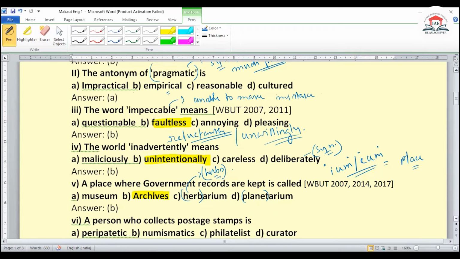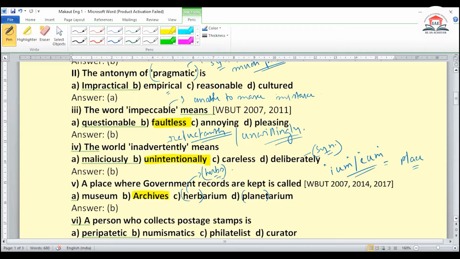Now the option is given to you. Come on. C, sir. Yes, exactly. Philatelist. This is a stamp collector. Numismatics. This is coin collectors.